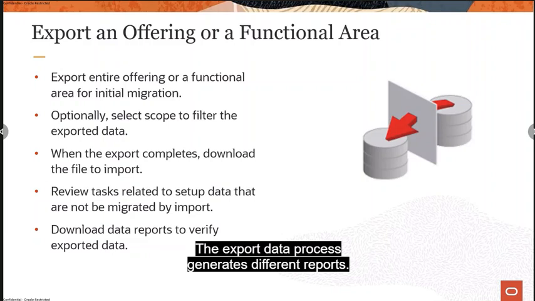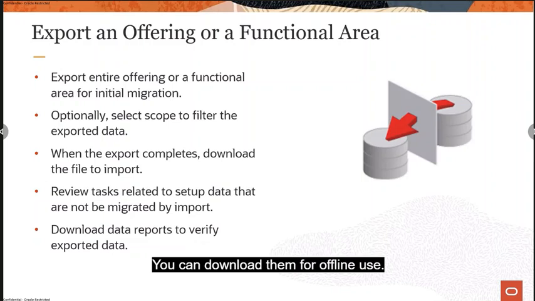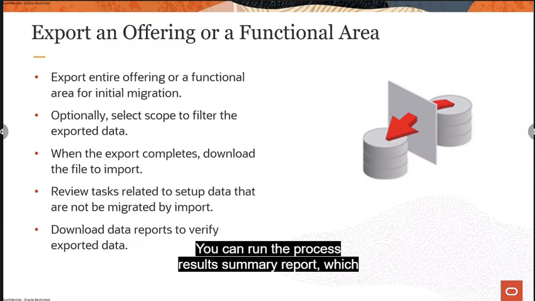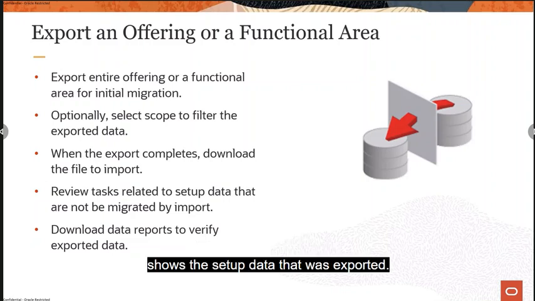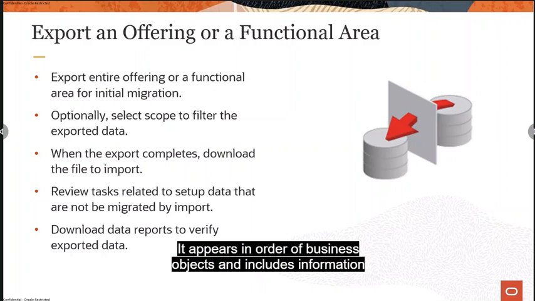You can review them in the application. You can download them for offline use. You can run the primary report, which shows the setup data that was exported. It appears in order of business objects and includes information on any errors encountered during the process.